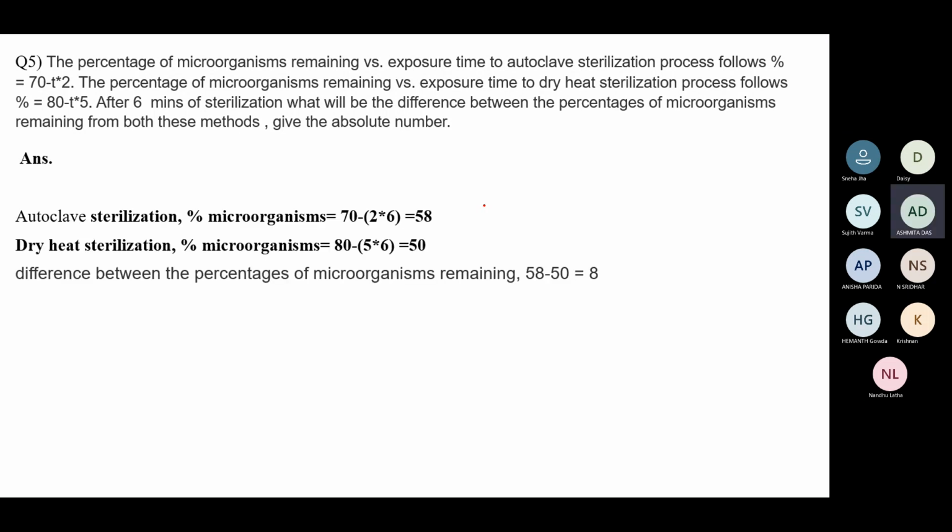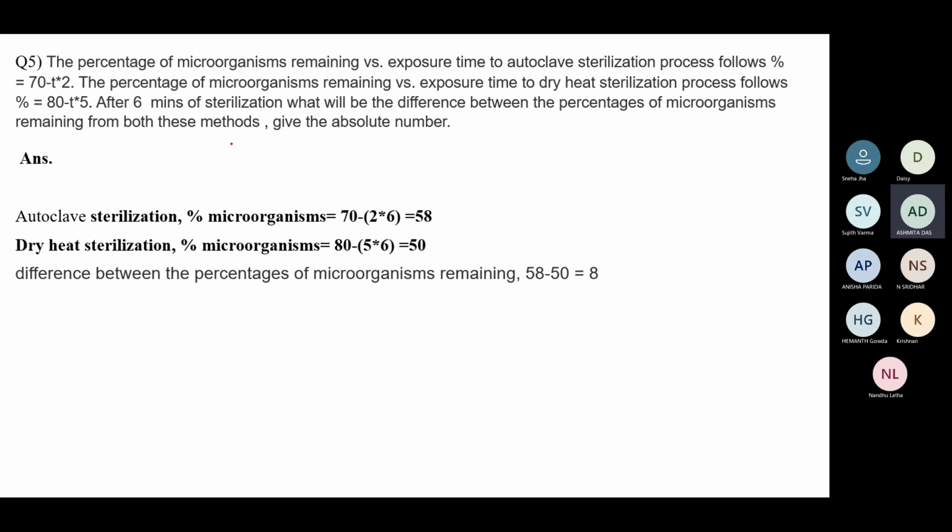Okay, so as per the question, in the autoclave sterilization process, the percentage of microorganism remaining after 6 minutes is 70 minus 2 into 6. In this equation we have 70 and 2, and in place of t we put the value of 6. So 70 minus 2 into 6 comes as 58.